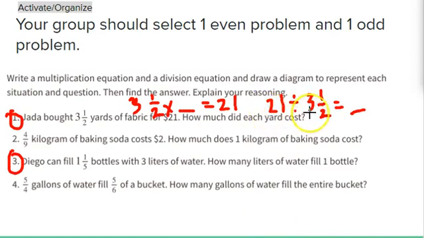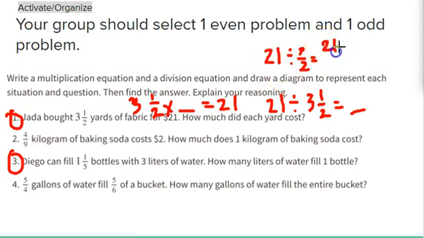Okay, so I'm going to go ahead and make this into an improper fraction. So that would be 6 plus the 1 is 7. So now you're talking about 21 divided by 7/2. Multiply by 2 here.